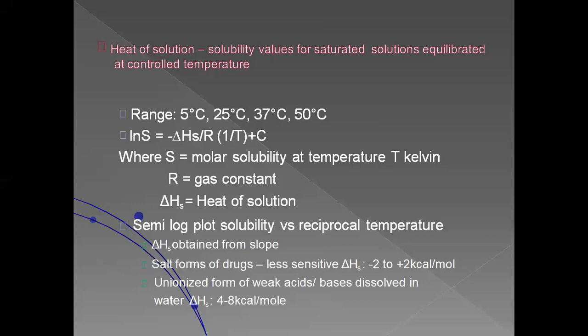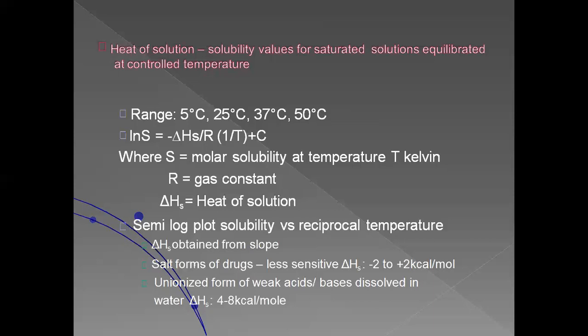So the van't Hoff equation is this, where S is the molar solubility at the temperature T, T is in Kelvin, and R is the gas constant. Over a limited temperature range, a semi-log plot of the solubility against the reciprocal temperature is linear, and delta H is obtained from the slope.